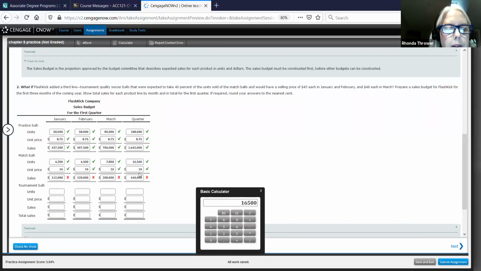The unit price stayed the same, and then we need to remultiply to get these to the correct amounts. So 4,200 times $16 is 67,200.